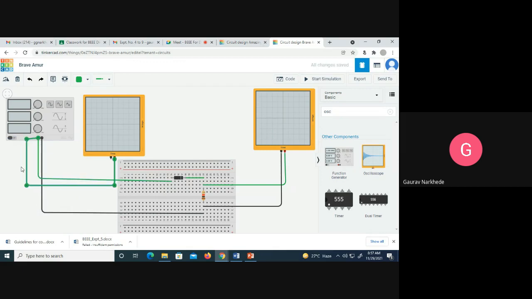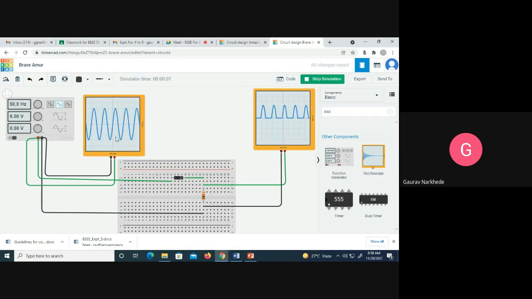I am connecting this because I want to observe the input also. I will give this the black color. Let me set it to 10 milliseconds, and start the simulation.